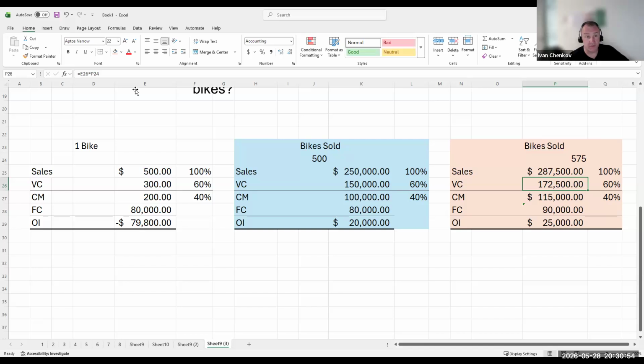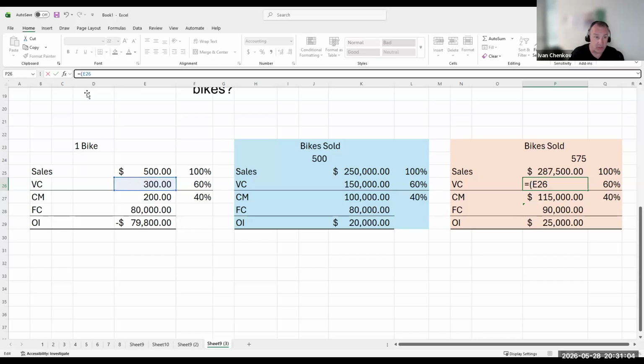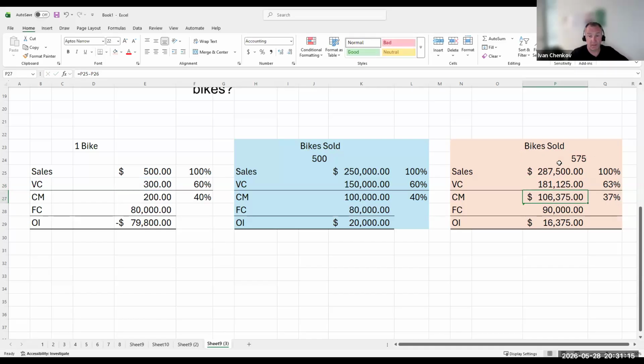My variable cost is going to change now. My variable cost is going to be 300 plus the $15 commission that I'm going to give them, times the number of units that they're selling.